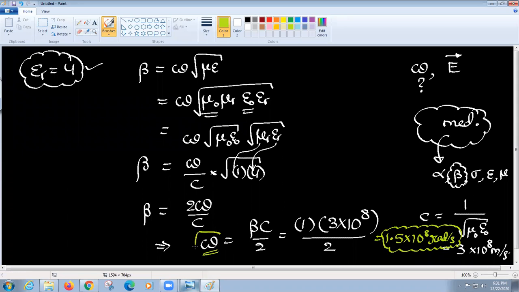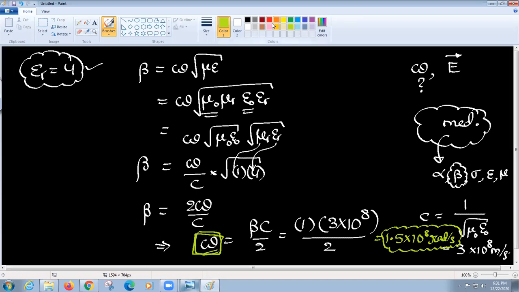Generally, omega is not like, for example, 10 megahertz or 1 gigahertz or kilohertz. It doesn't talk about that. Omega always tells you at what rate, I mean, how fast your EM wave is changing in time. So always, t gets associated with omega, because the unit of omega is radian per second. This tells you how fast your EM wave is changing in time.